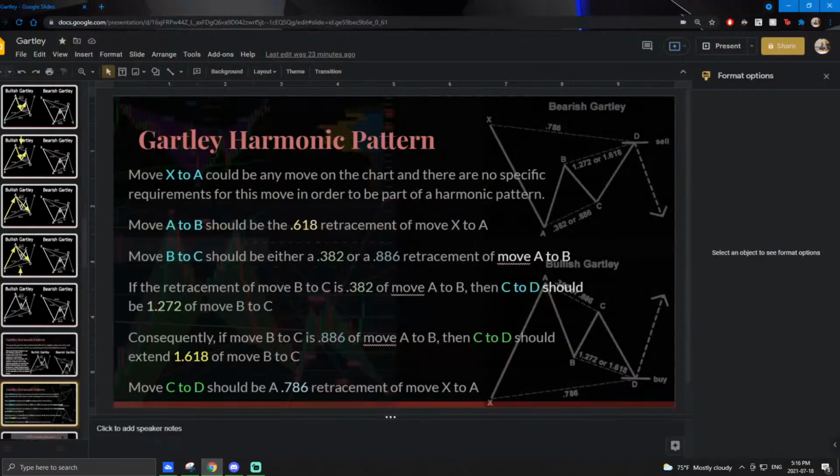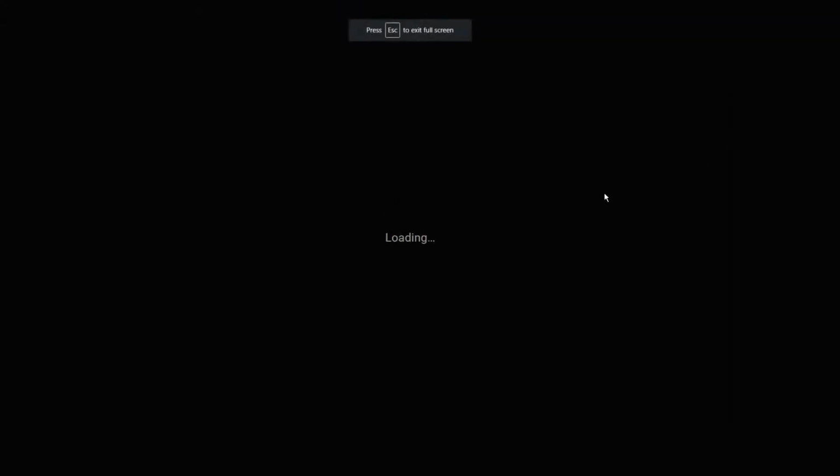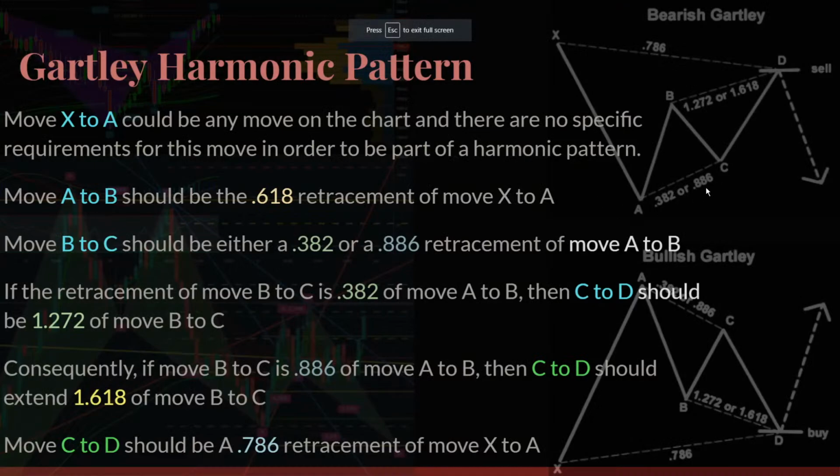And another thing that's really important: you know how it has 38.2 or 88.6, we'll notice that the next move has a 1.27 or a 1.618 to get to the D leg. So if it is a 38.2, then you want the D leg to be a 1.272, and the 88.6 should correspond with the 1.618.